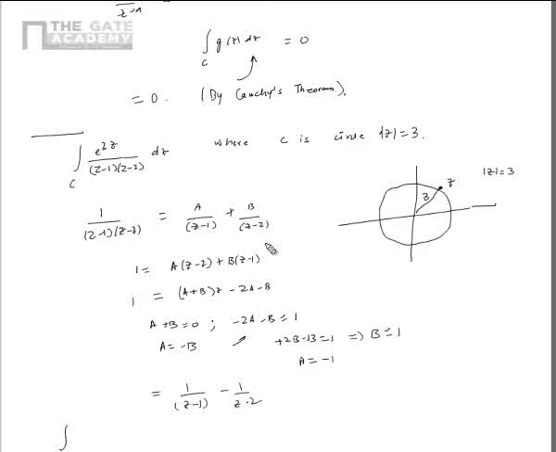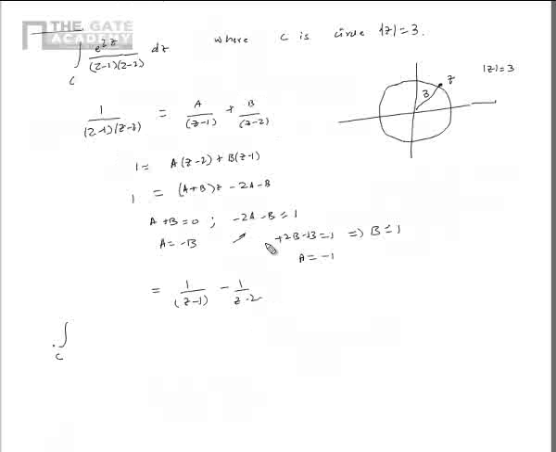Okay, so now let's see how this integral looks. I can write it as the integral of e power 2z by (z minus 1) dz minus the integral over C of e power 2z by (z minus 2) dz. Now mod z is 3.